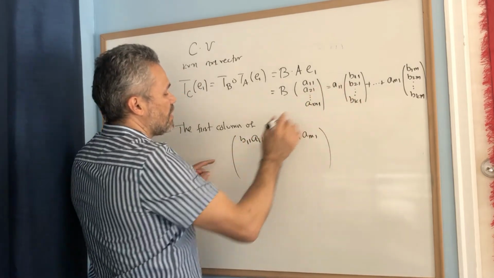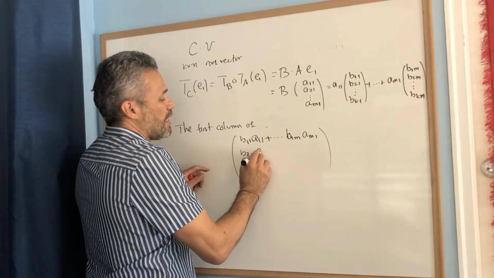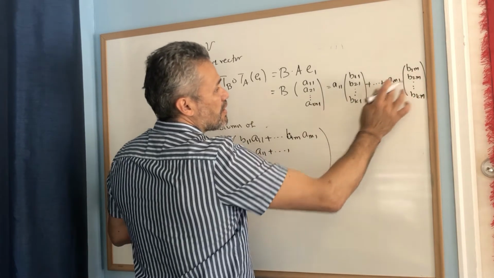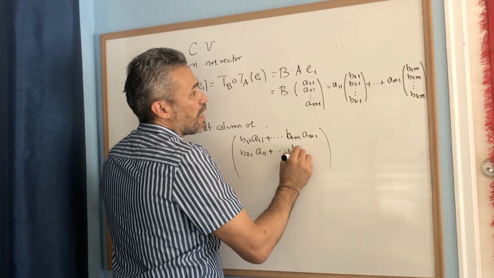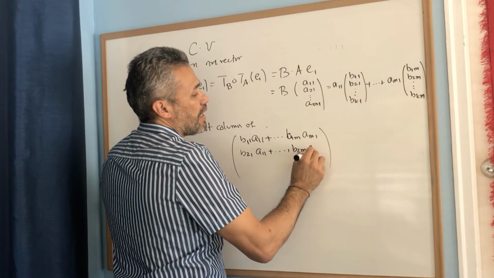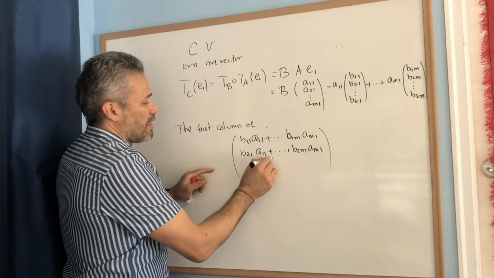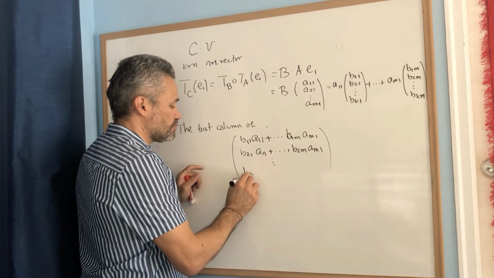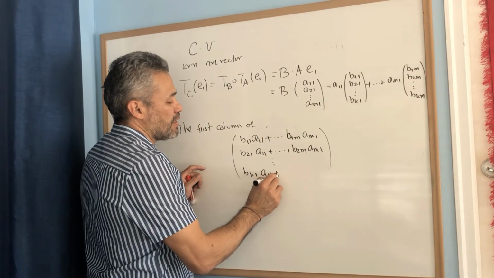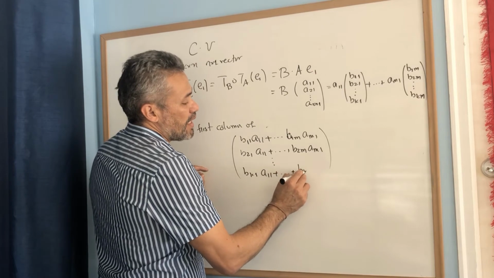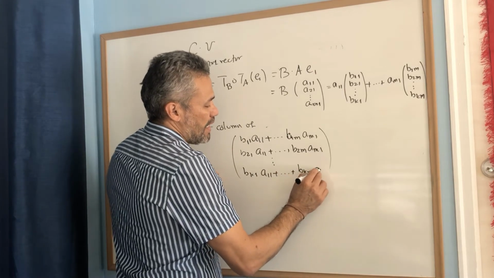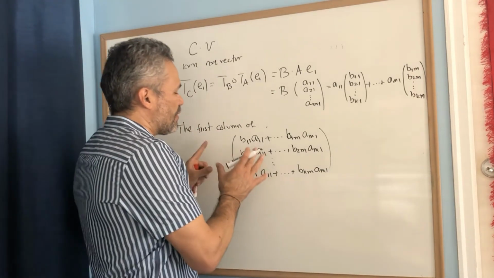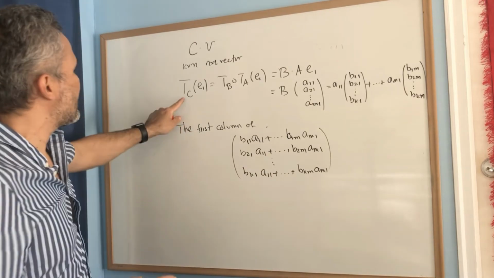Then I do B21 A11 plus ... plus B2m Am1, and then the last entry will be Bk1 A11 plus ... plus Bkm Am1. And with all of this, you end up with the matrix C.